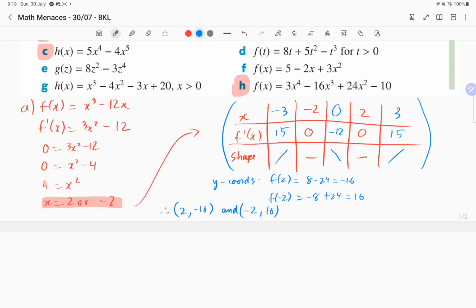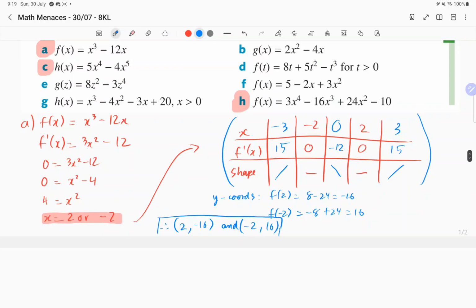Right, so the final answer for question A should be 2 points, with both x and y coordinates. Two, -16 and -216.